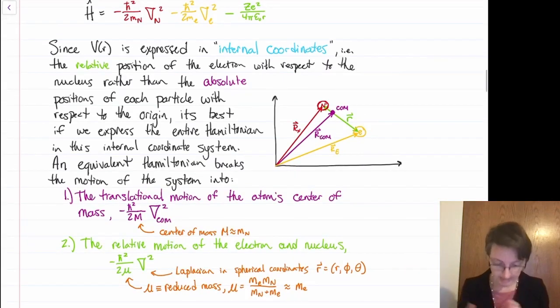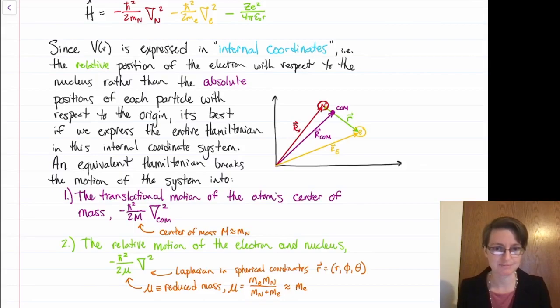The next kinetic energy piece that we have to describe is the relative motion of the electron and the nucleus as related to one another. And so in this case, our Hamiltonian is transformed in terms of a Laplacian that depends on spherical coordinates, r, the distance between the electron and the nucleus, and also the angular dependence, which our potential doesn't have.